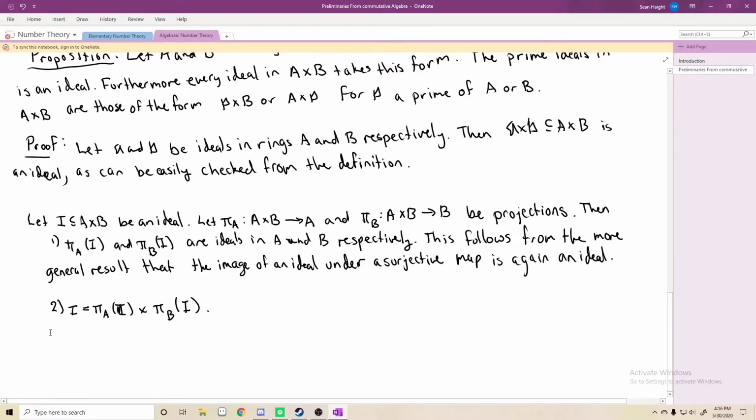They're fairly straightforward exercises in ring theory. I will, however, prove this third claim, that prime ideals in A × B are precisely those of the form P × B or A × P for P a prime of A or B.